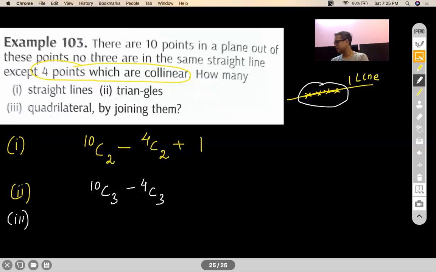Last one. How many quadrilaterals? How many quadrilaterals can be formed?